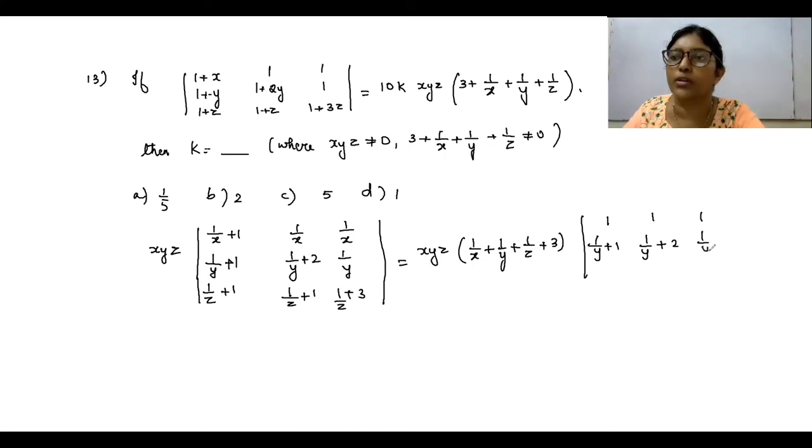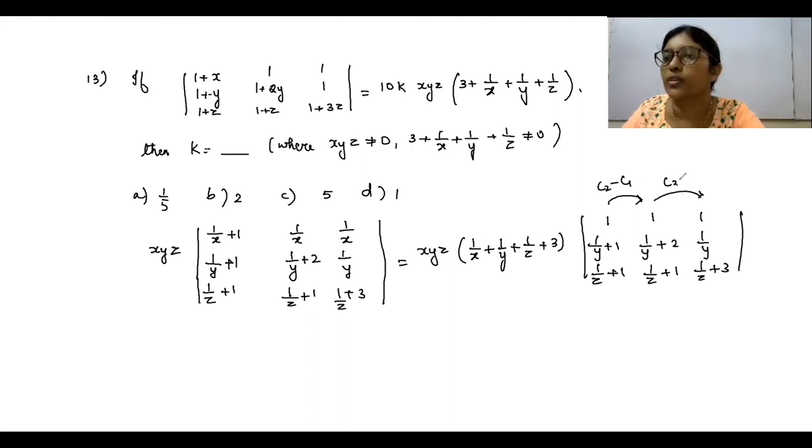So before expanding, let us try to get as many zeros as possible. And that will be possible by taking C2 changes to C2 minus C1 and C3 changes to C3 minus C2. So of course we'll apply this operation first and later on this one, but we'll do both of them in the same step.